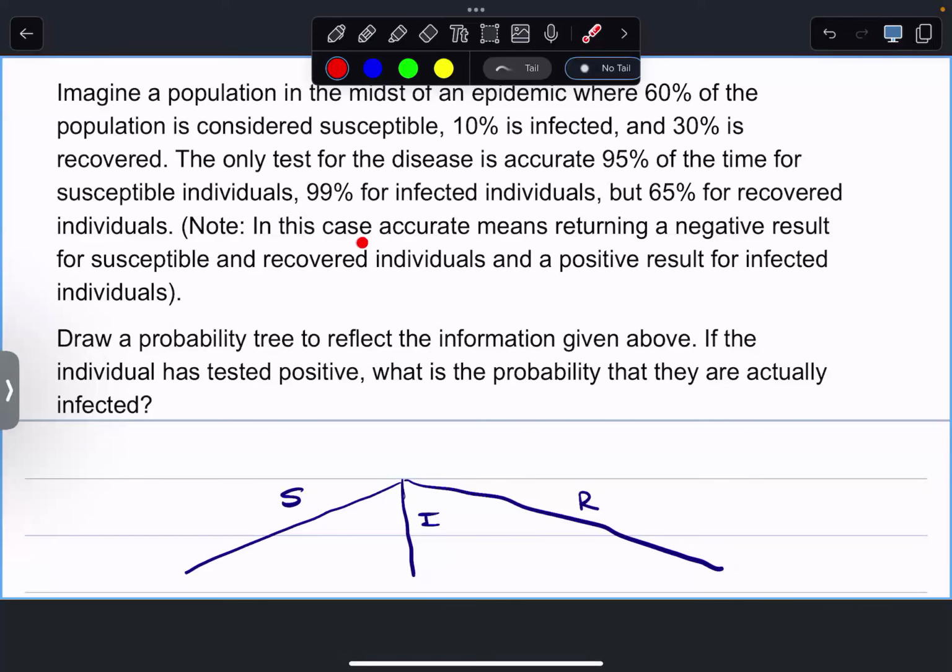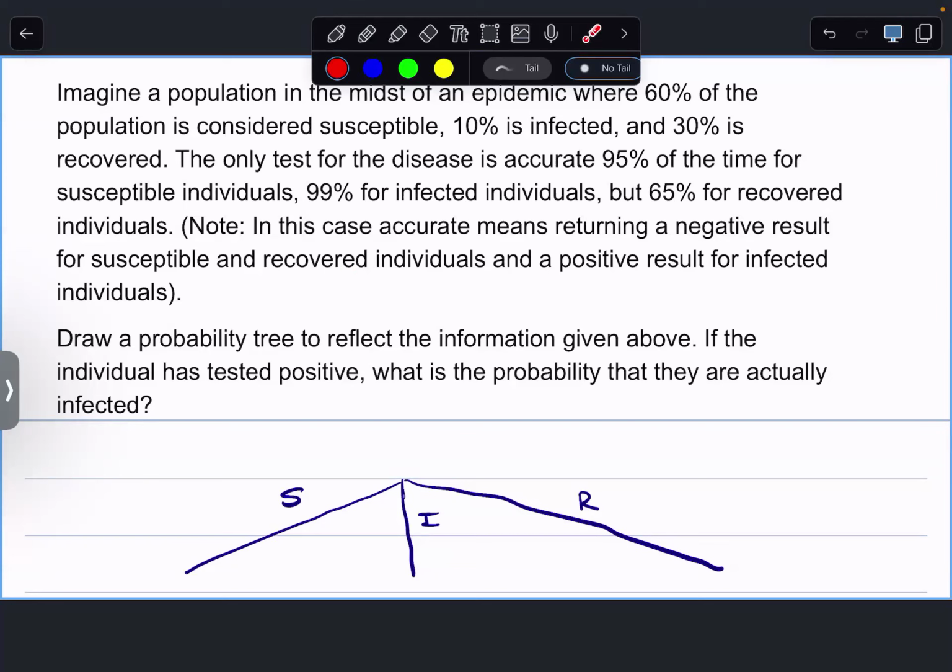This one is a real doozy because accurate, right, means returning a negative result for susceptible and recovered individuals, right? Because to be accurate, then it should test negative, right? You don't have it yet, right? For susceptible and recovered, oh yeah, because you don't have it, because you haven't had it or you recovered from it, right?